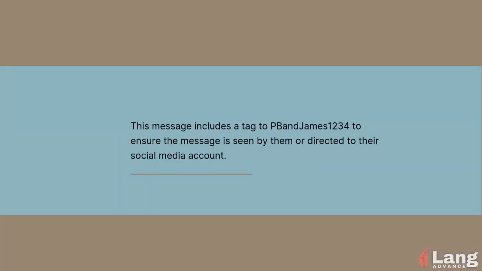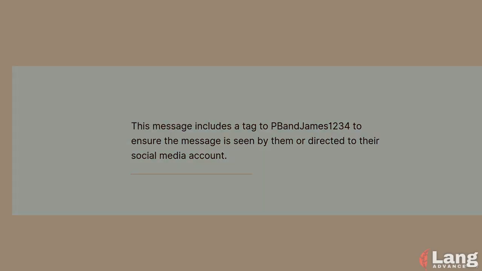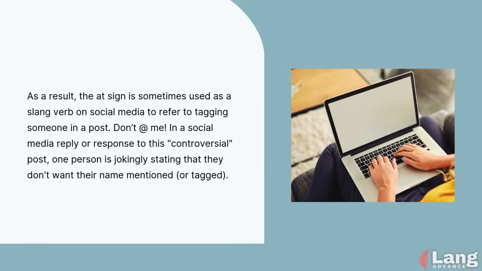This message includes a tag to PBandJames1234 to ensure the message is seen by them or directed to their social media account. As a result, the @ sign is sometimes used as a slang verb on social media to refer to tagging someone in a post. Don't @ me. In a social media reply or response to a controversial post, one person is jokingly stating that they don't want their name mentioned or tagged.